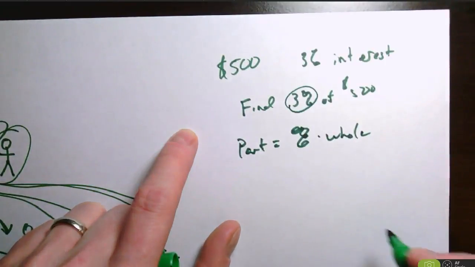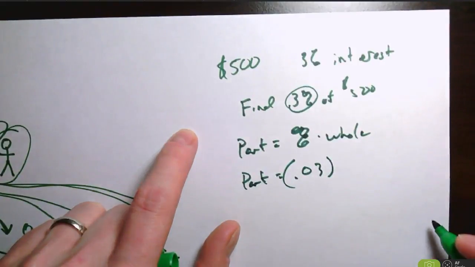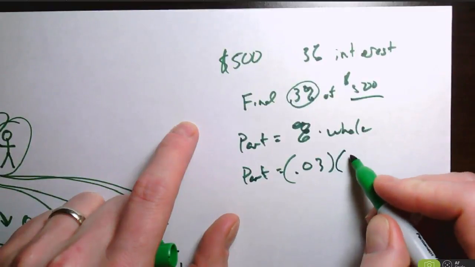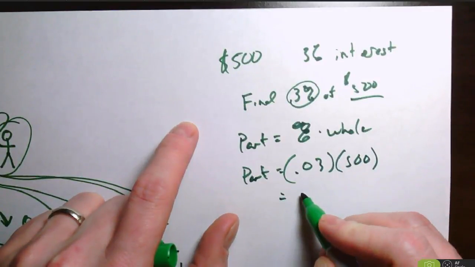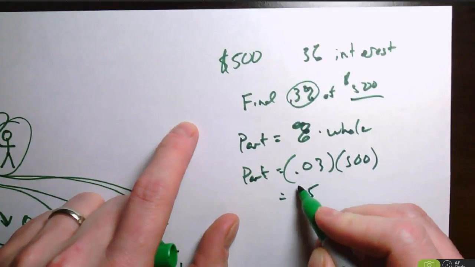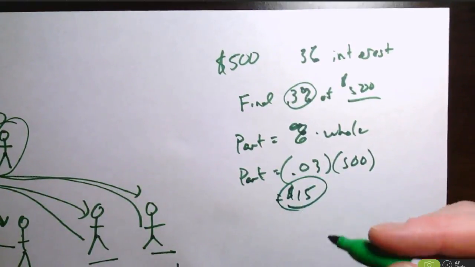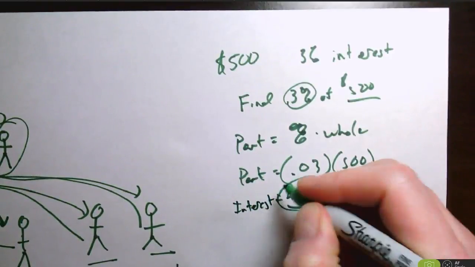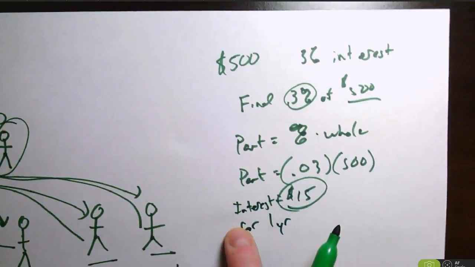What's our percent? 3%, which is 0.03 as a decimal. What's our whole amount? That's the $500 we have in there. You multiply that out, and that gives you $15. So they would pay you $15 then. Now this part here is actually interest, but it's for 1 year or one time.